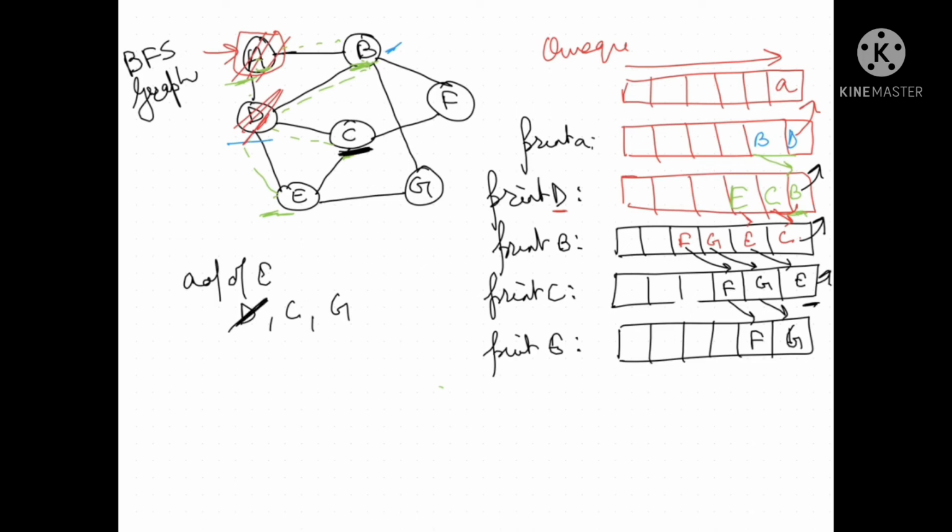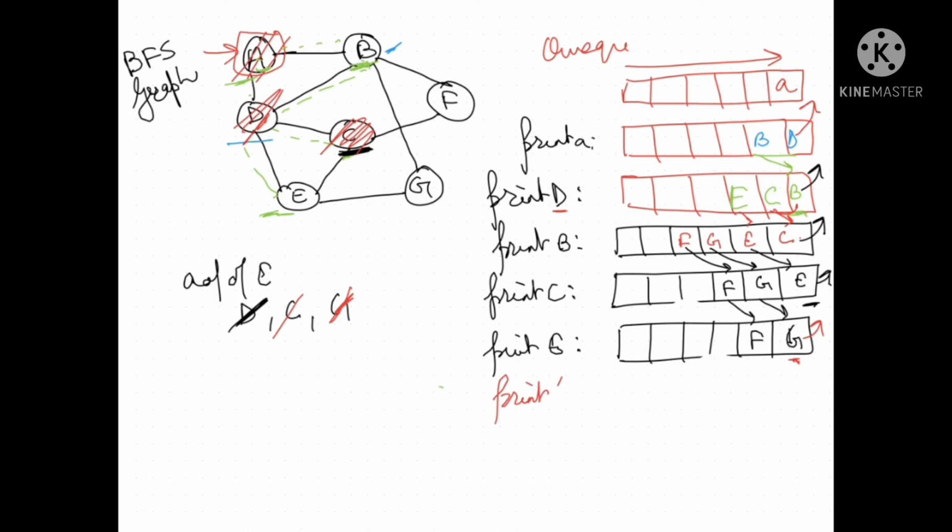C is also already visited, because it is printed, so this is a visited node, and obviously we will cut this. And G is already present over here. So we will not write anything over here. Nothing you have to write.